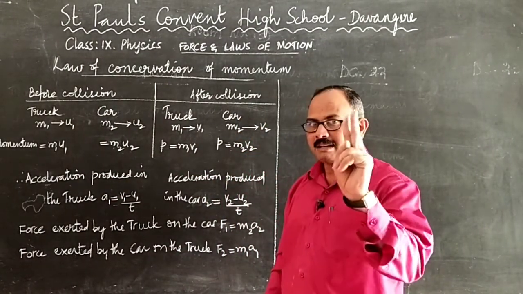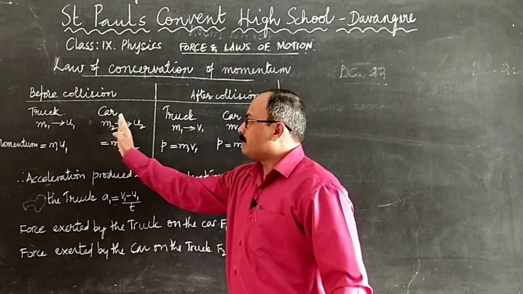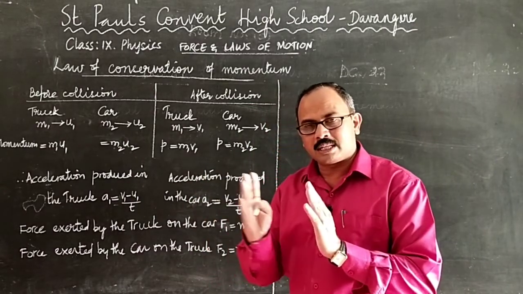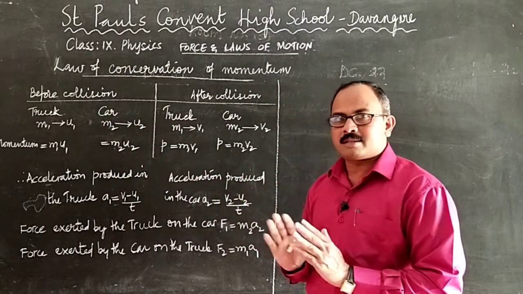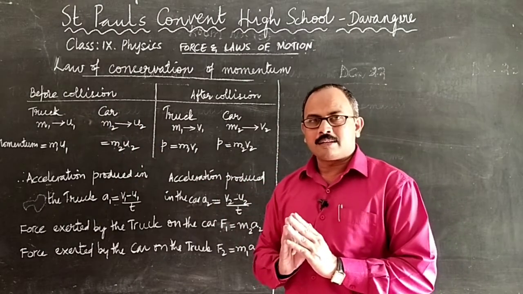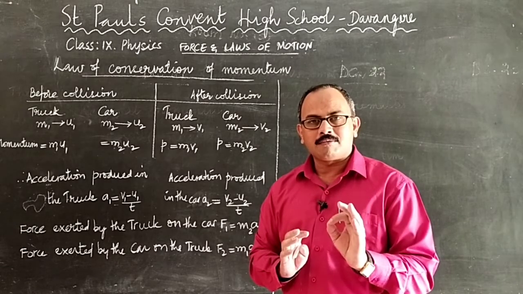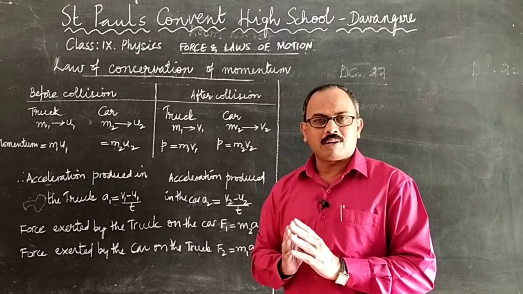Now, the second part. Both the vehicles are moving in a particular direction, having some mass and velocity. The truck comes and collides with the car, therefore there is a change in the velocity of both.